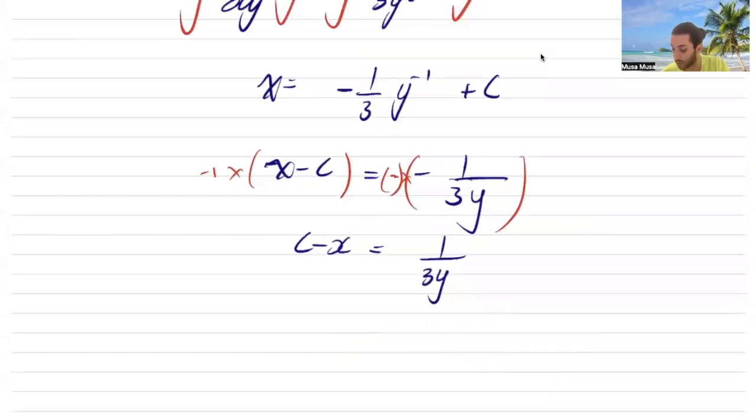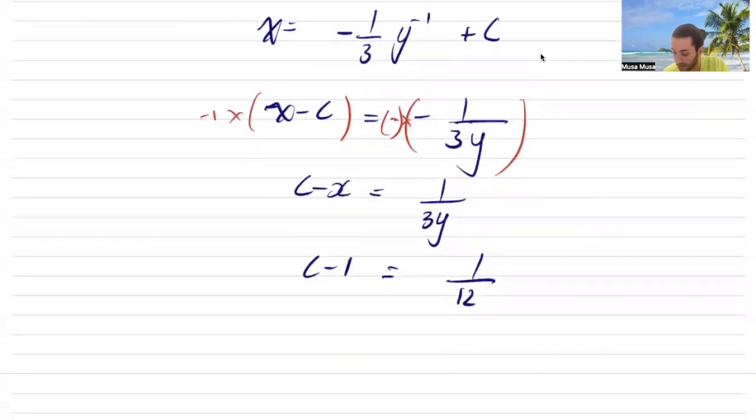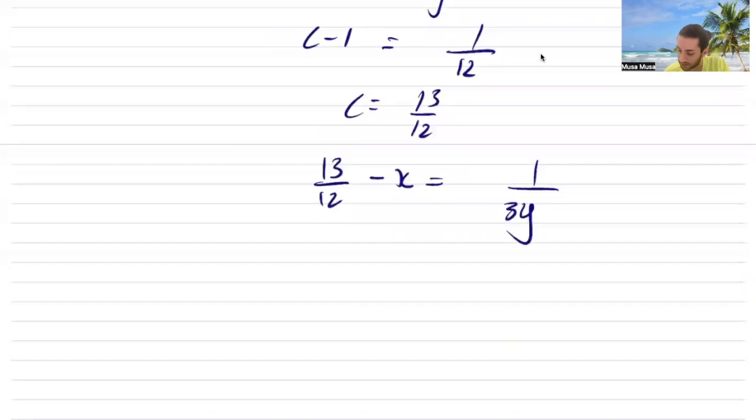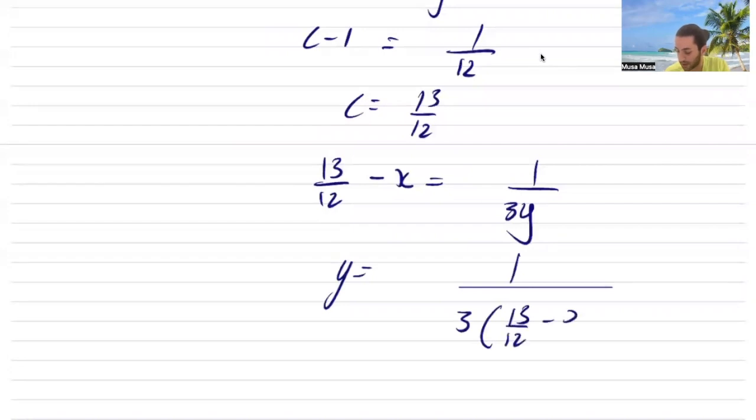So when x equals 1, y equals 4. So this is c minus 1 equals 1 on 12. And therefore c equals, what is this? 13 over 12. So therefore it becomes 13 on 12 minus x equals 1 on 3y. And that means y equals 1 over 3 times 13 over 12 minus x.